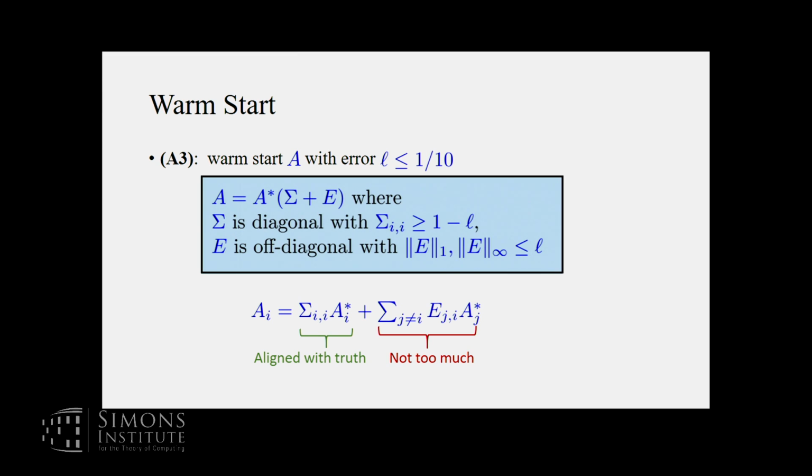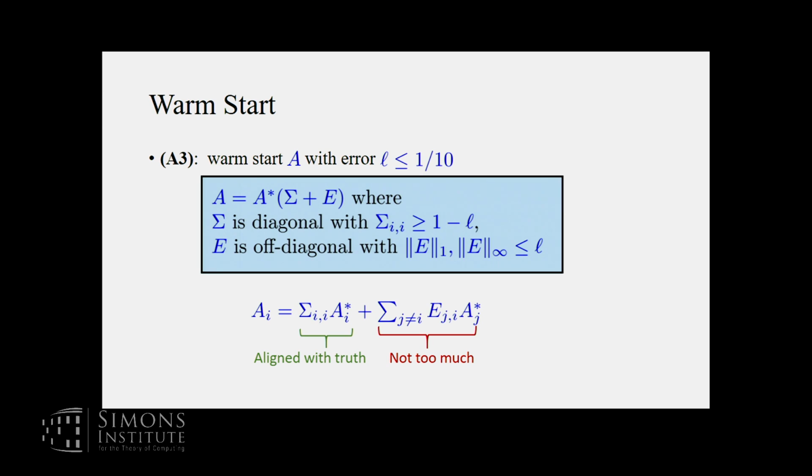What do I mean by error here? Basically it means that the columns of A are linear combinations of the columns in A star. In particular, A is A star times a large diagonal matrix plus a small off-diagonal matrix.